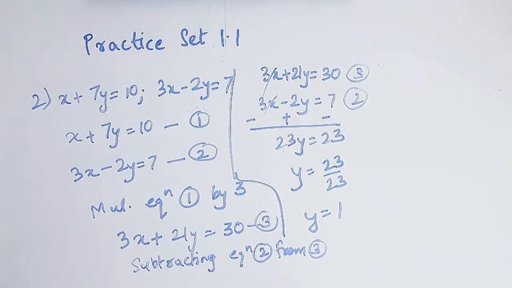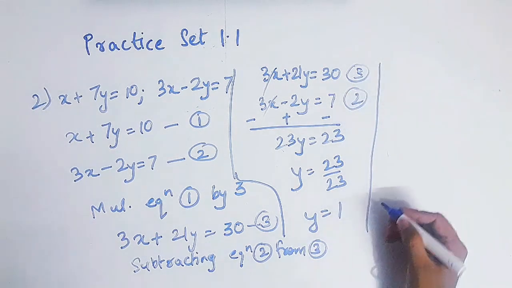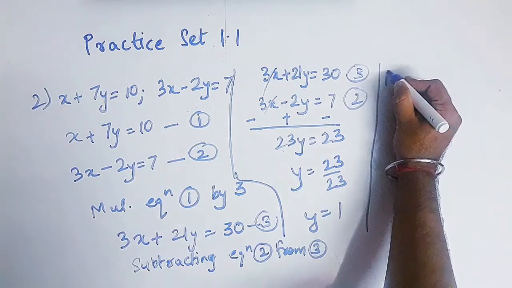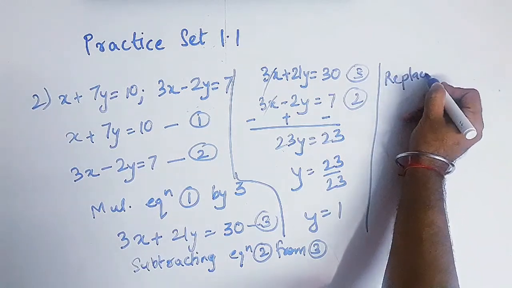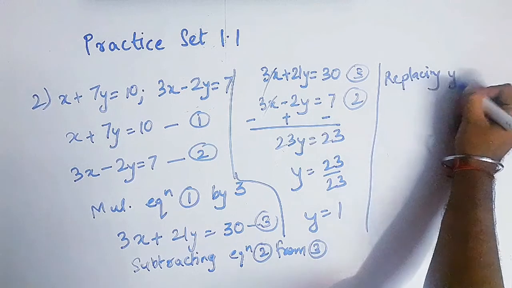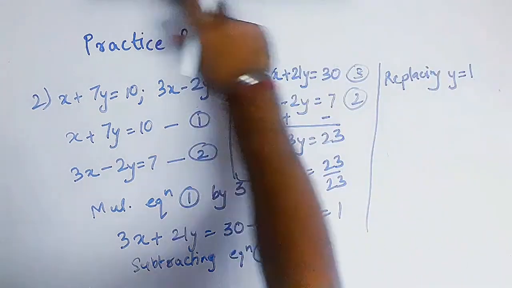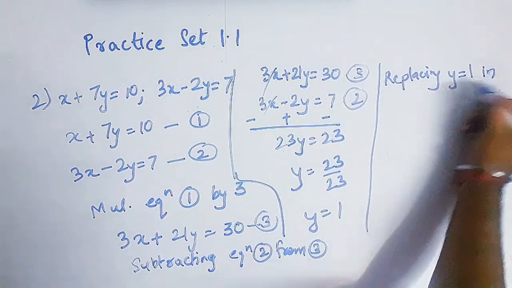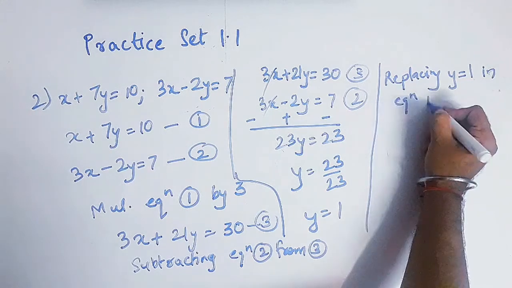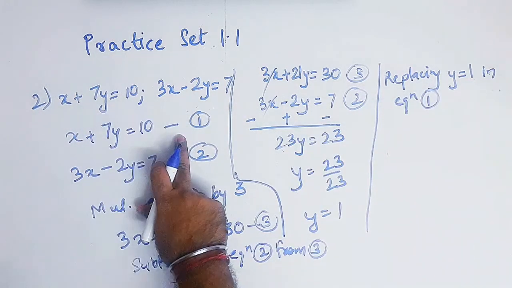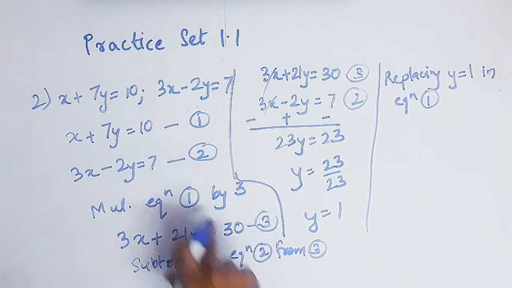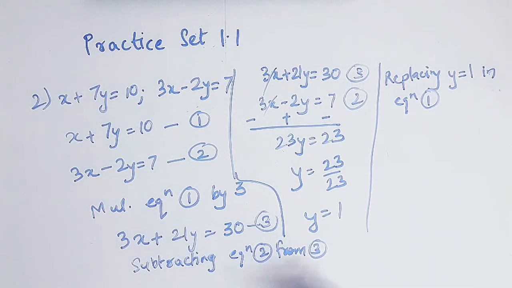Now let us place, replacing y equals 1 in equation 1. I am taking equation 1. You can take any of equations 1, 2 or 3, your answer will be correct.